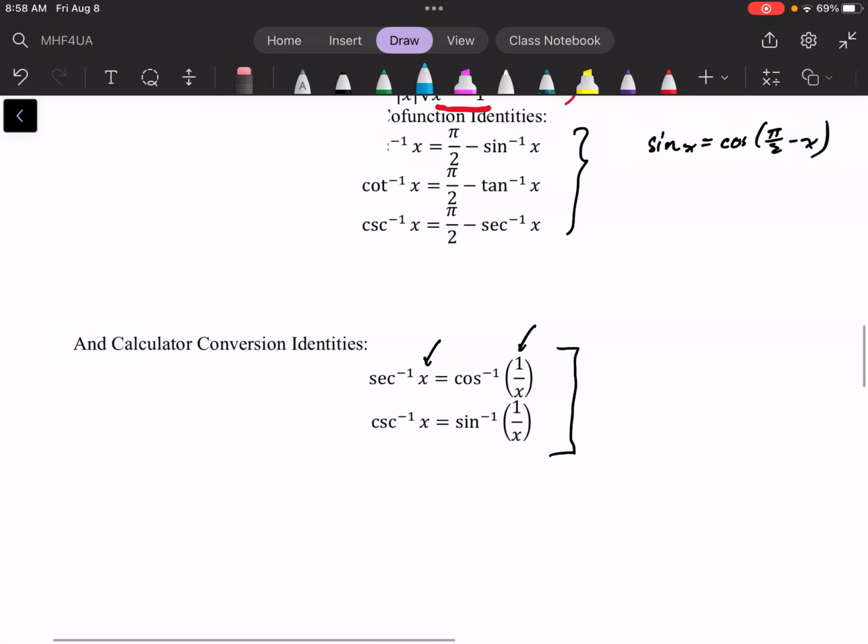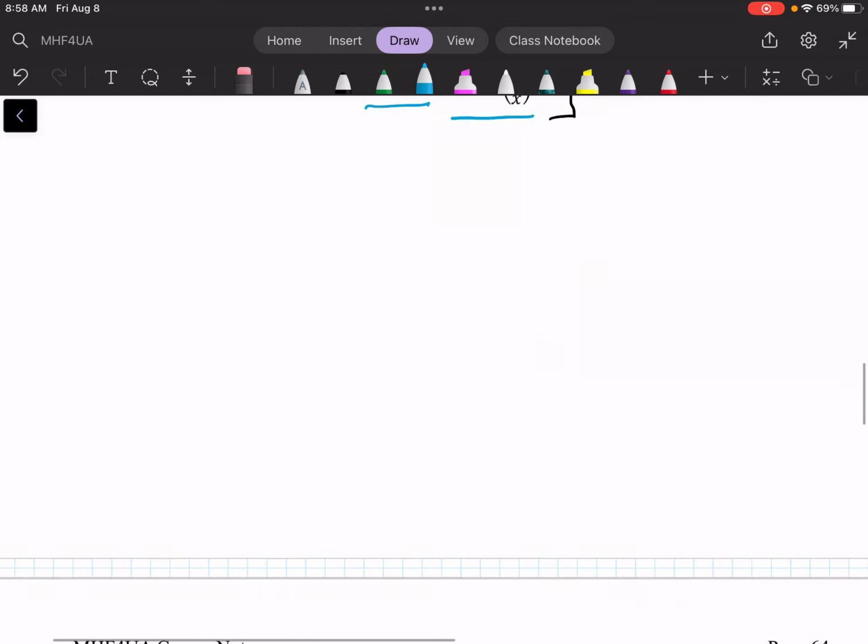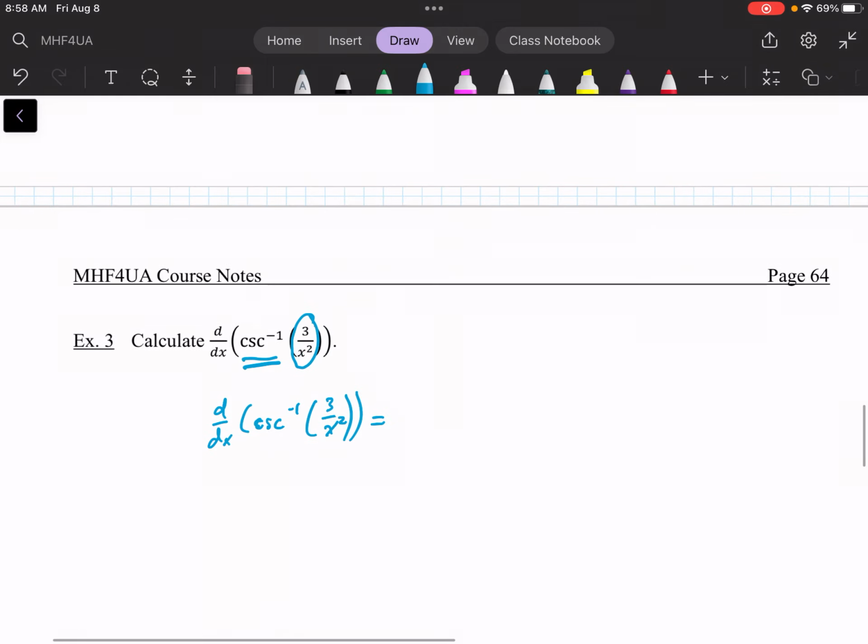Again, you're going to realize cosecant inverse of x is the same as sine inverse of 1 over x. So that means this is the same as finding the derivative of sine inverse of x squared over 3. Now the derivative of x squared over 3 is much easier than 3 over x squared. Yes, it's not too difficult, but it's a lot easier. And also, we don't have to figure out what cosecant inverse's derivative is.